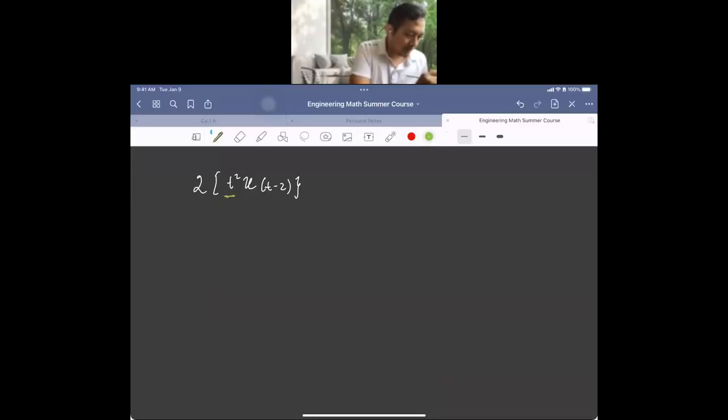It seems that this t squared, we need to force out to make it f of t minus 2, right? So let's say the t squared, we need to make it into t minus 2 squared.